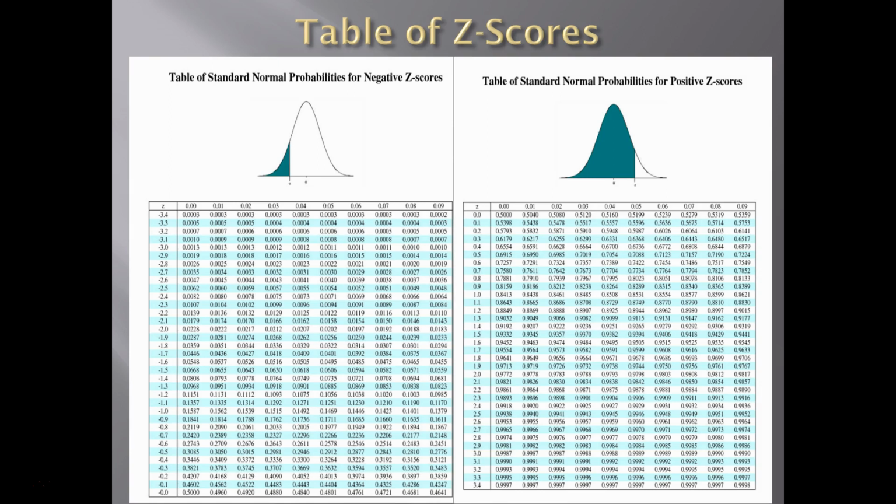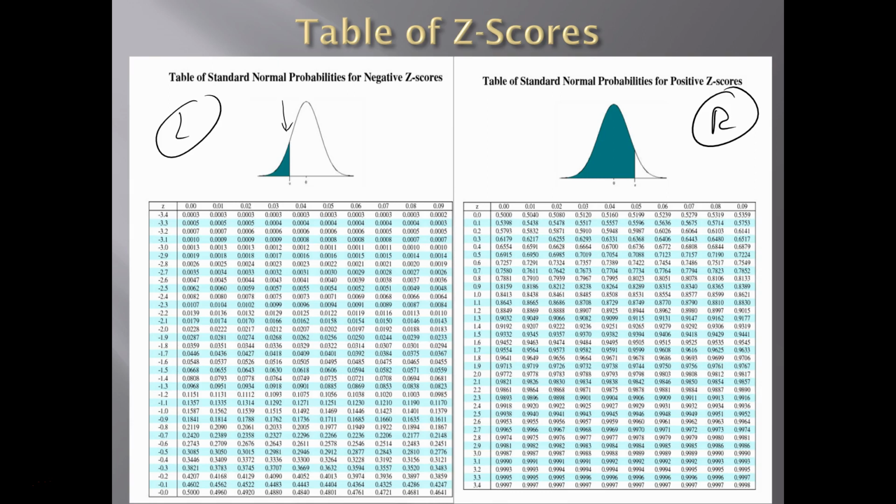I actually have two tables of z-scores. I've got this table on the left, and I've got this table on the right. Now the table on the left has, see where this line is right there. See how it's on the left side of the mean? It's on the left side of the peak of that bell curve.